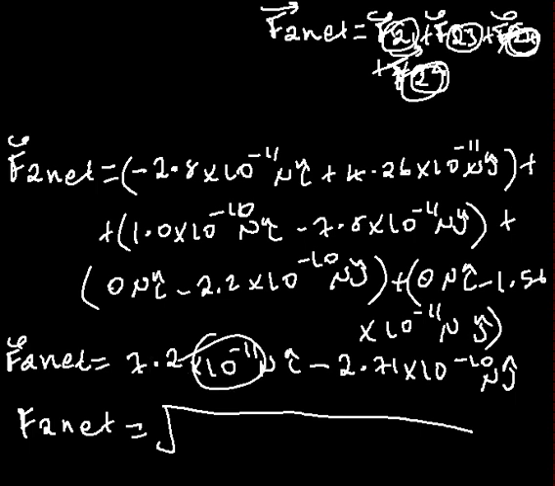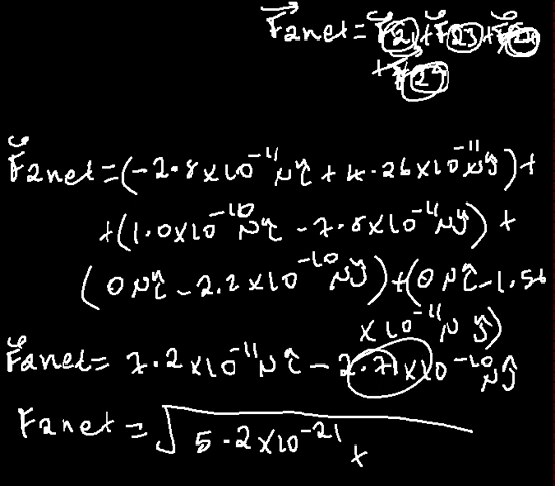So what is the square of this? That corresponds to 5.2 times 10 to the power negative 21, plus, how about the square of this one? The square of that will be 7.3 times 10 to the power negative 20.